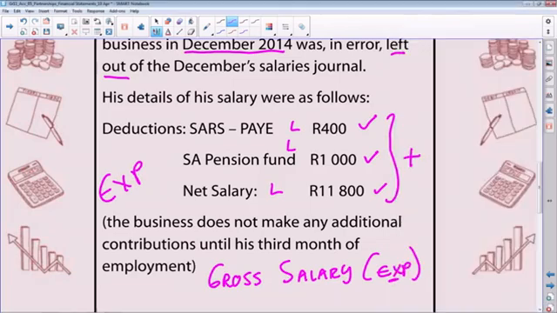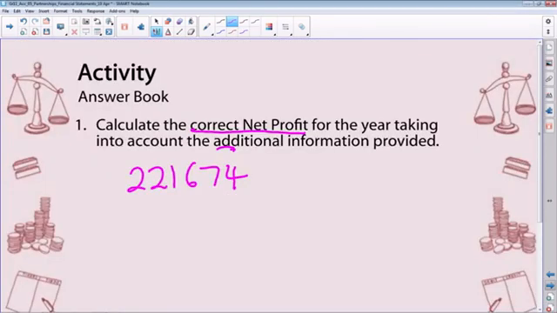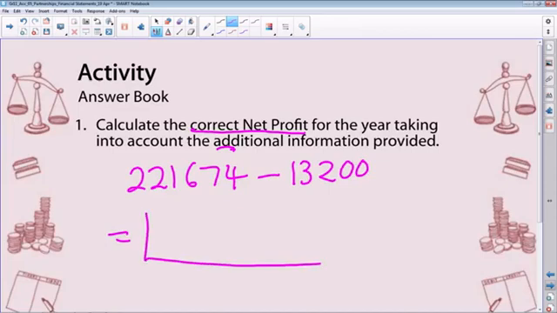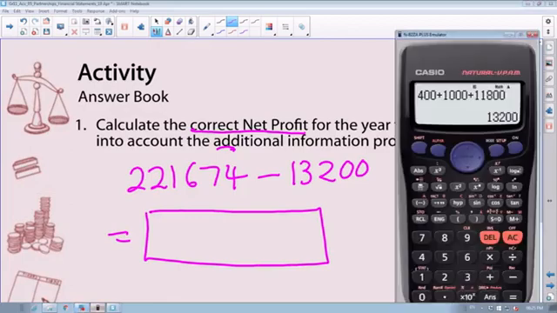So we're going to subtract 13,200, because remember it's an additional expense, and that's going to give us our correct net profit.